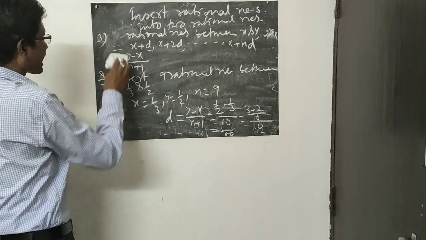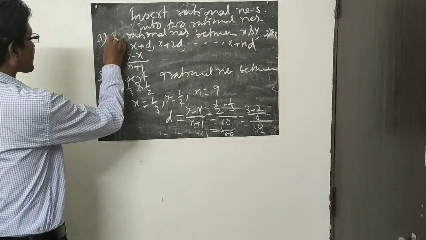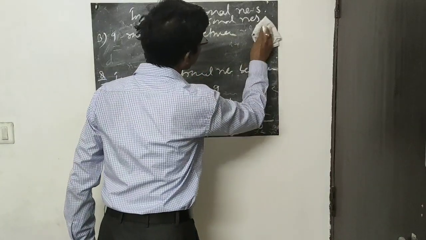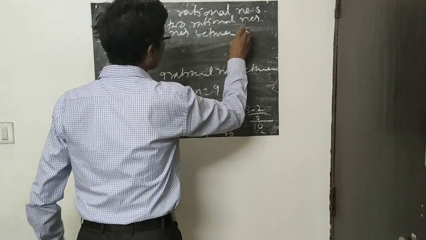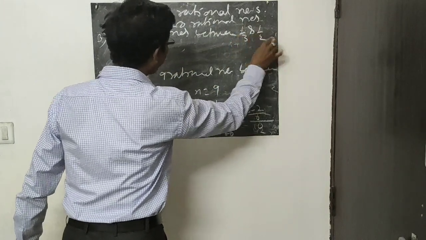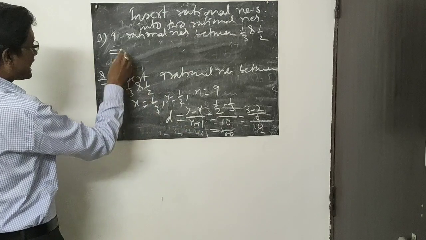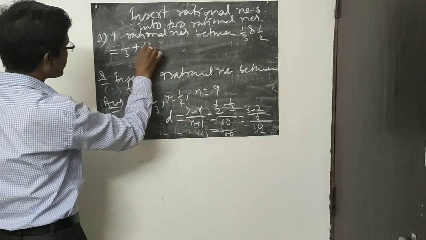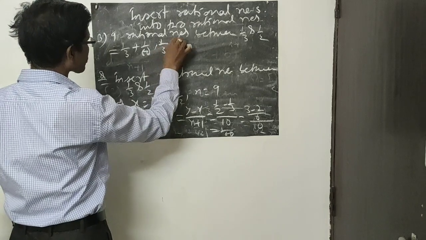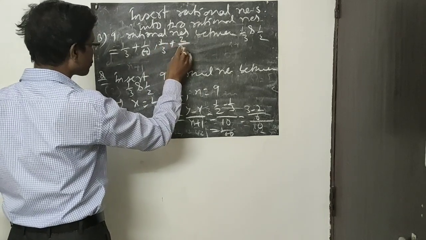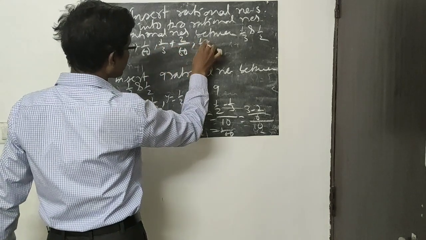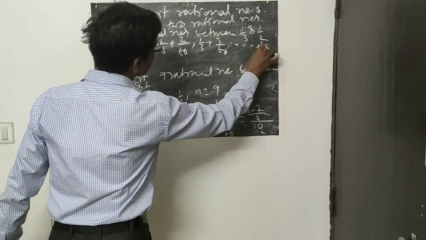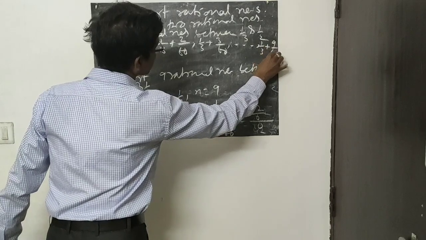Then here how many rational numbers do you have? 9 rational numbers between 1 by 3 and 1 by 2, which are x plus d. x means 1 by 3 plus 1 by 60, 1 by 3 plus 2 by 60, 1 by 3 plus 3 by 60, like this one, up to 1 by 3 plus 9 by 60.